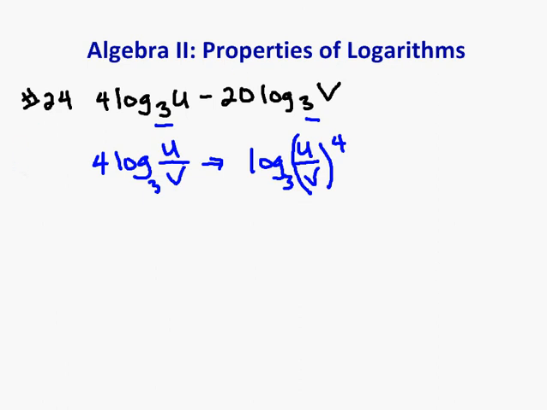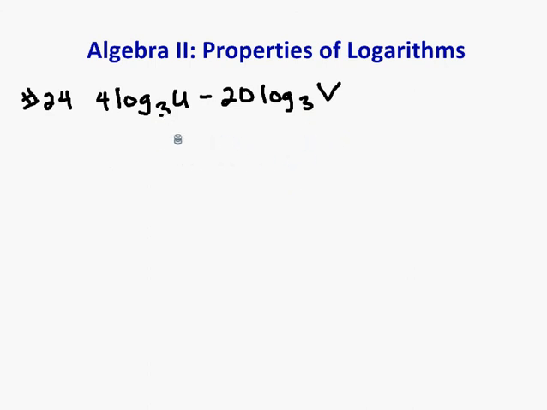As any good math teacher will know, we occasionally make mistakes on the board, and I just caught one while I was doing this. So let's start again to redo this problem. So again, I check to make sure that the bases are the same, and they are. And then I'm going to rewrite each individual expression using the power property.